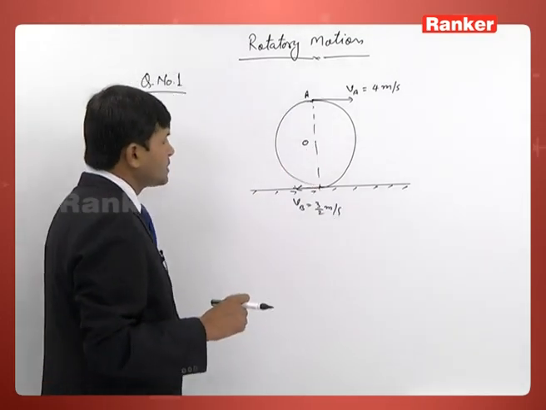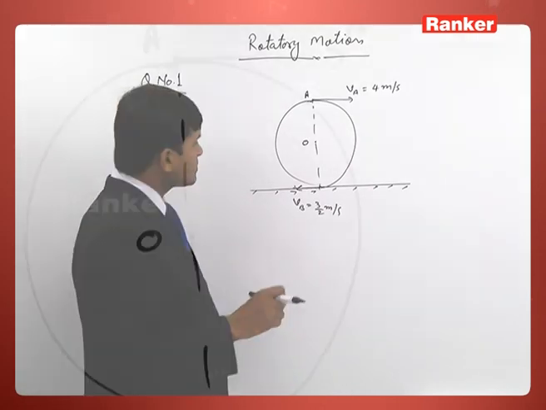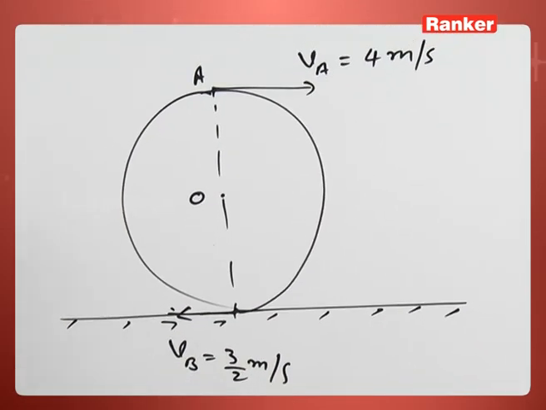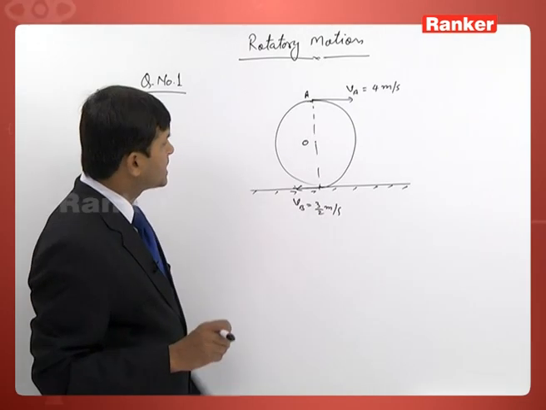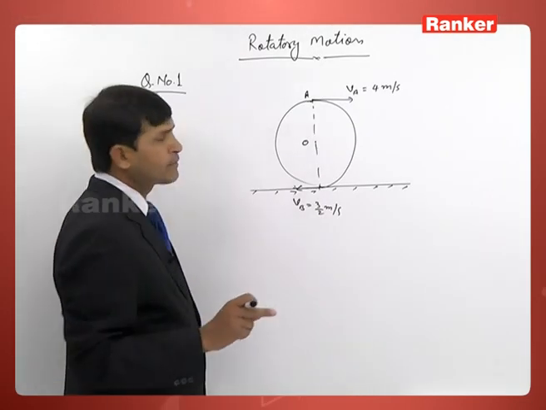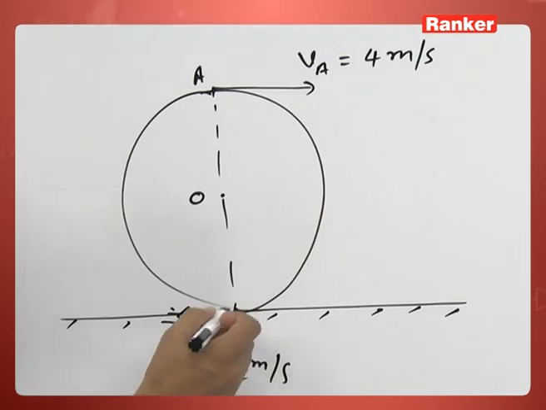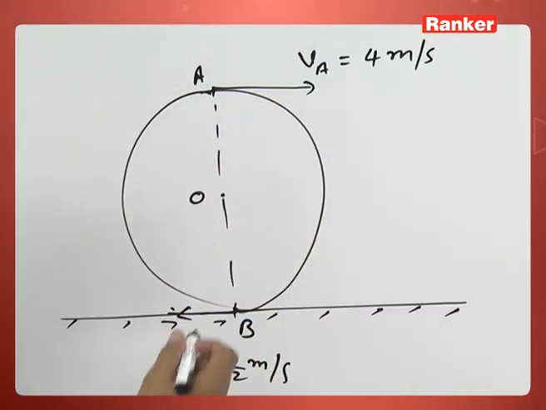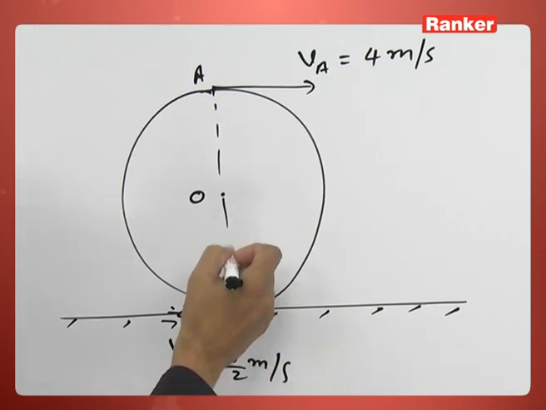As per the method, we can determine the instantaneous axis of rotation like this: join the points A and B, whose velocities are given, with a straight line.